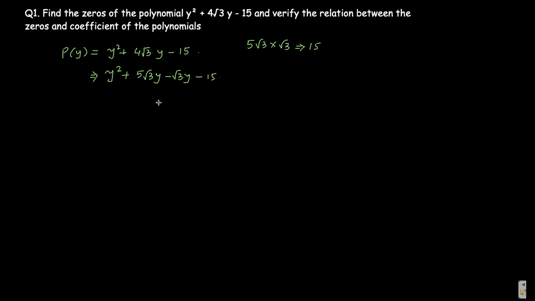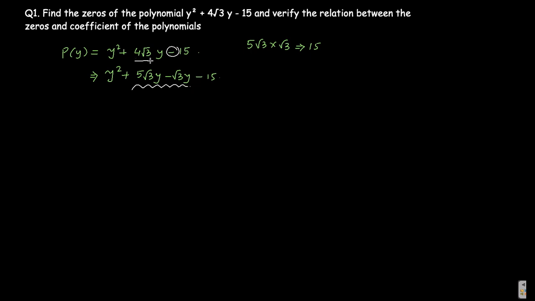That means you have to find the zeros of the polynomial. One thing you should always keep in mind is that the sign determines how we factorize, that is, how we split the middle term.